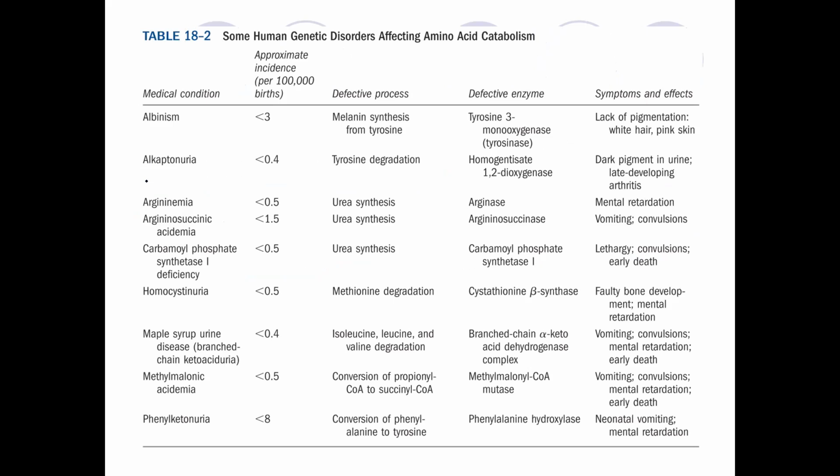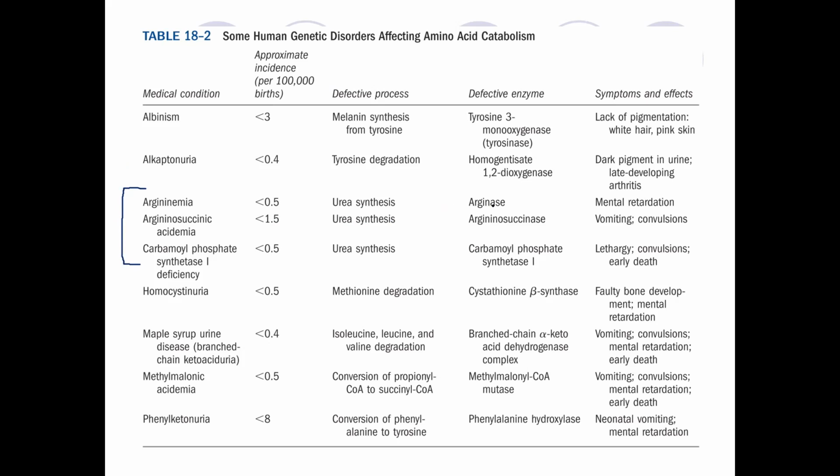Mutations in genes that encode proteins involved in amino acid degradation can cause various human genetic disorders. If you can't degrade certain amino acids, intermediate products will build up. Those intermediate products may have deleterious effects on human metabolism. We talked about some of these already, these defects right here, where you have problems with urea synthesis.